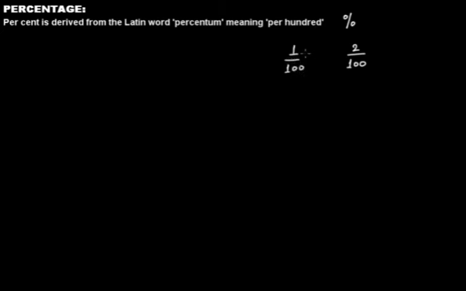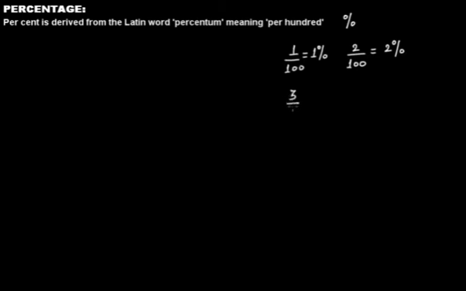Therefore, this fraction represents 1%. And this fraction, 2 over 100, that is 2 per 100, represents 2%. Clear?